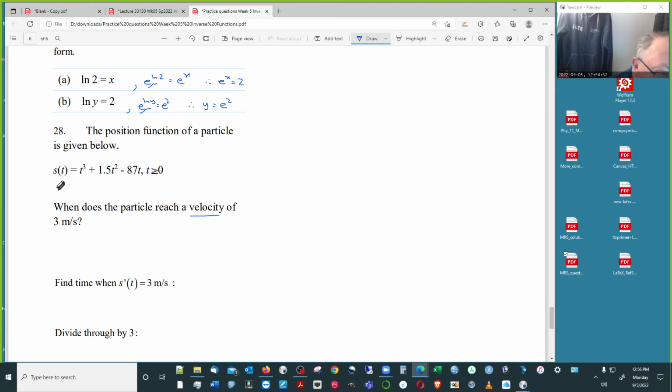So s dash of t, we can use our little shortcuts because it's a polynomial. Velocity, so we're going to make that 3.